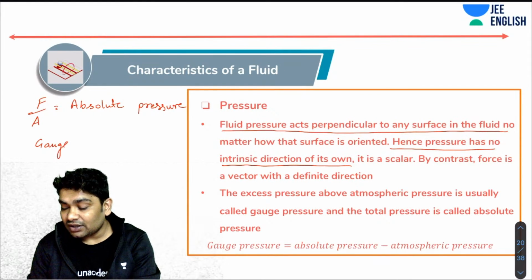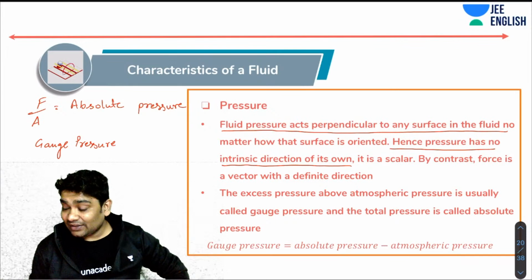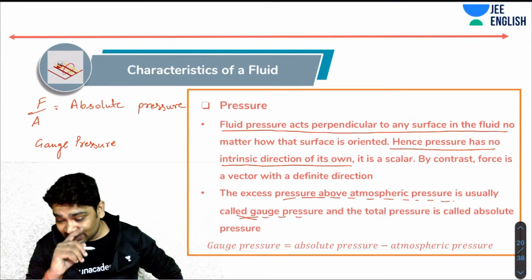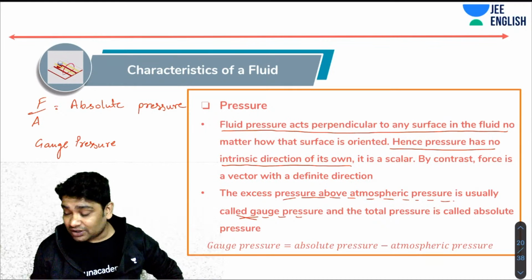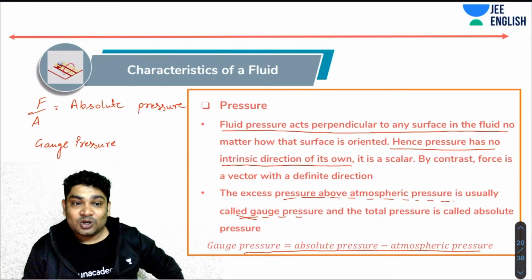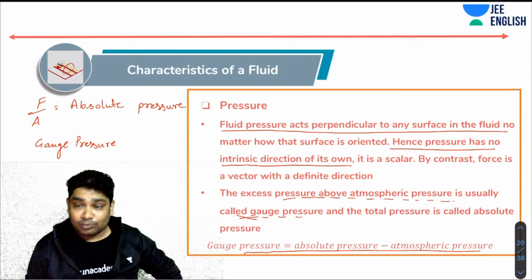Gauge pressure is defined as the pressure in excess of the atmosphere. The excess pressure above the atmospheric pressure is usually called gauge pressure. The total pressure is called the absolute pressure. Gauge pressure and absolute pressure can be related like this: gauge pressure would be absolute pressure minus atmospheric pressure.